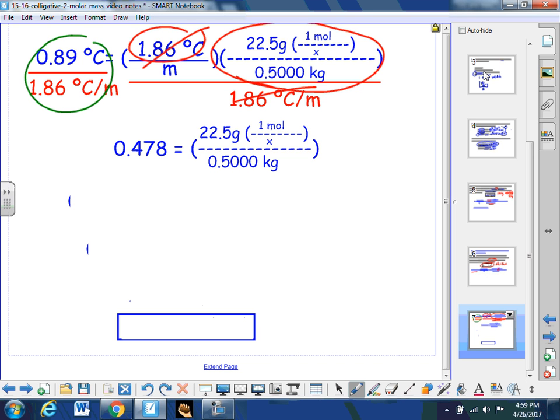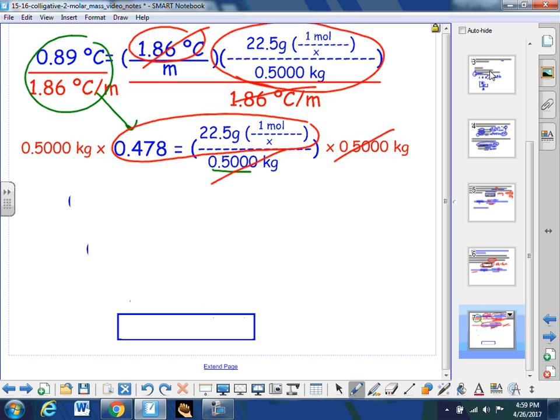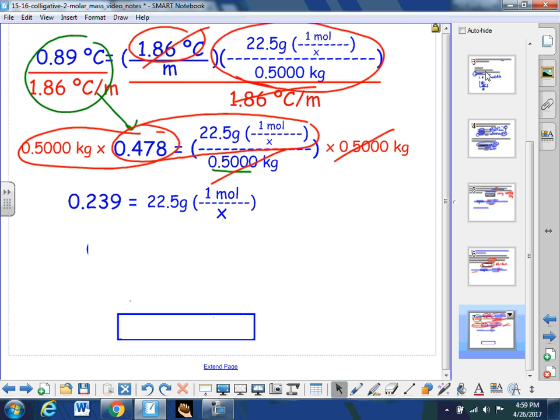0.89 divided by 1.86 is going to equal 0.478. Now I need to get rid of this 0.5, so I'm going to multiply both sides by 0.5. That is going to get this to cancel out, leaving just this, and that times 0.5, which is going to give me 0.239 equals 22.5 times 1 over x.